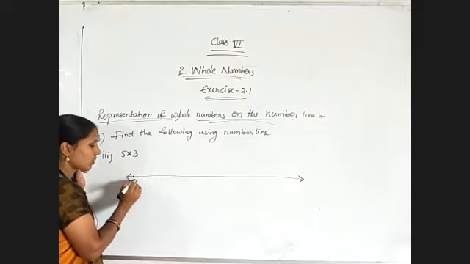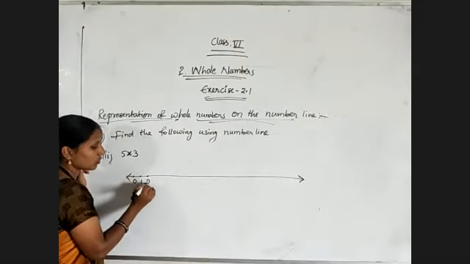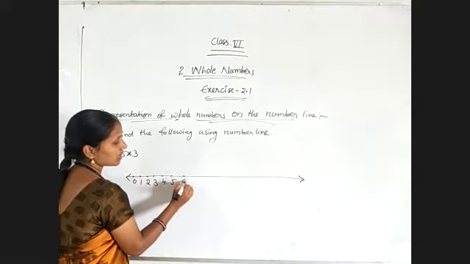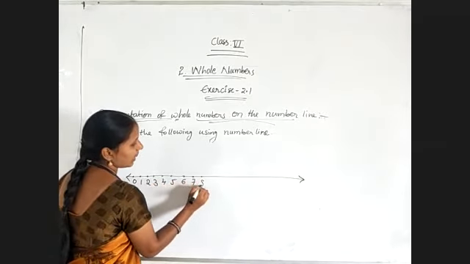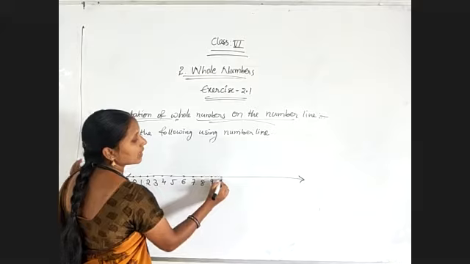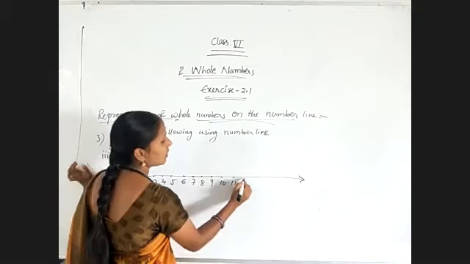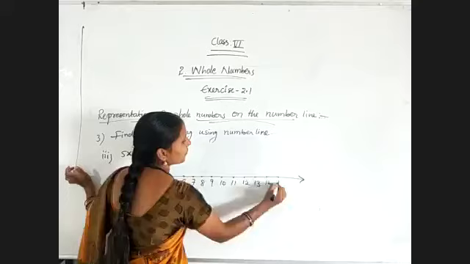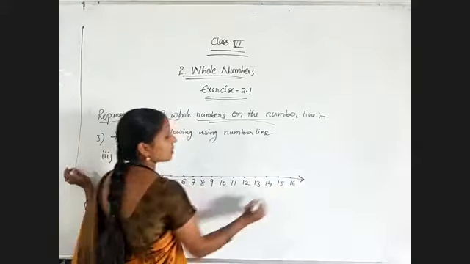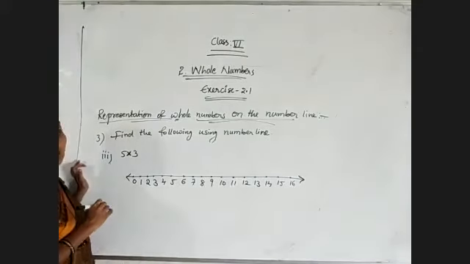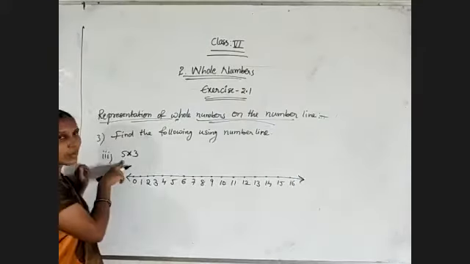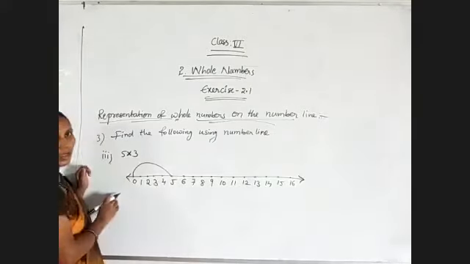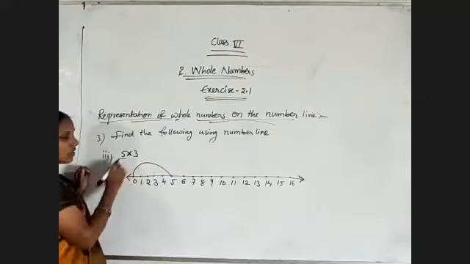Listen. 0, 1, 2, 3, 4, 5, 6, 7, 8, 9, 10, 11, 12, 13, 14, 15, 16. So like this I have written the numbers. My first number is 5. 0 to 5. Okay. So till here over.